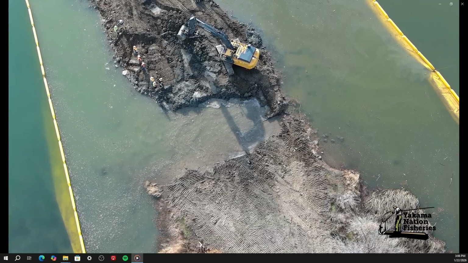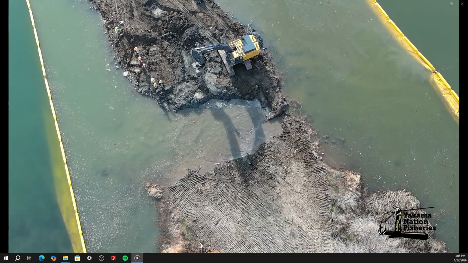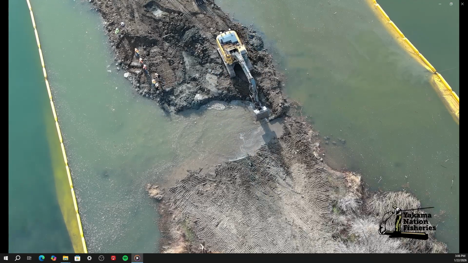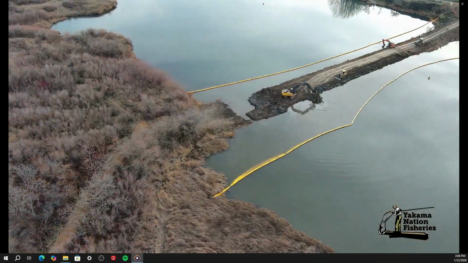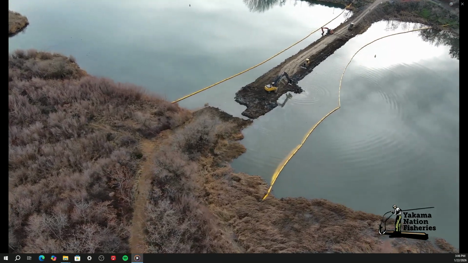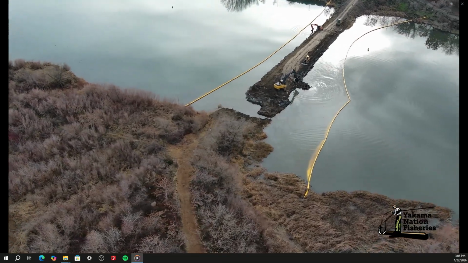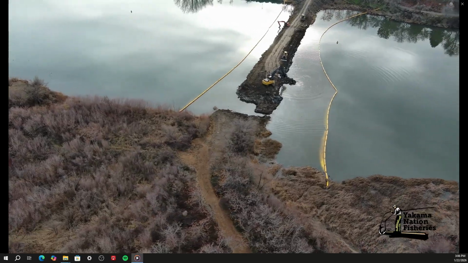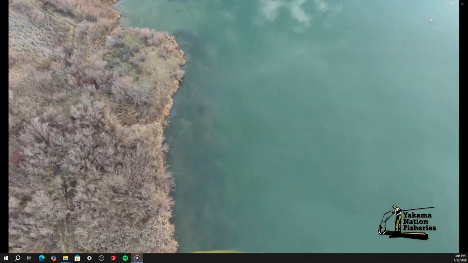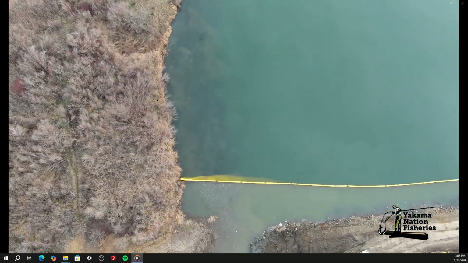So this side channel, or causeway, was not flowing freely. They began work, I think it was a couple of weeks ago, and they are going to have that completely removed in February 2026 is what they said. We'll see if that happens, because sometimes with habitat projects, they don't meet the deadline that we anticipate, but we stick it out.